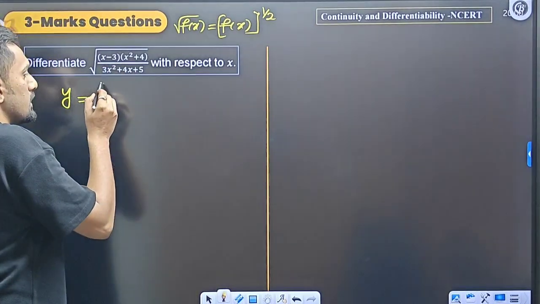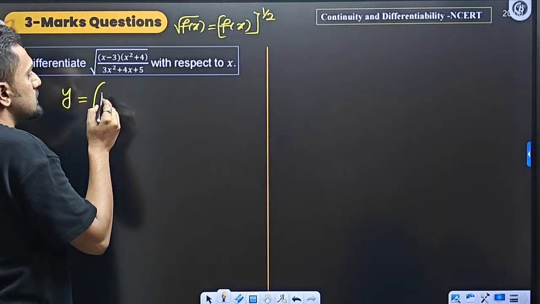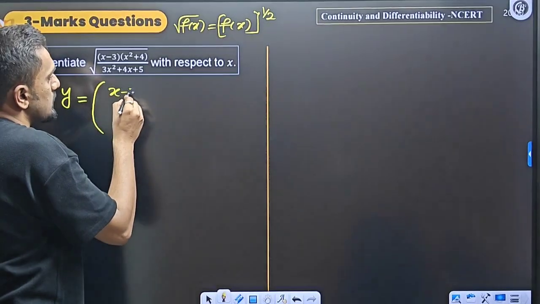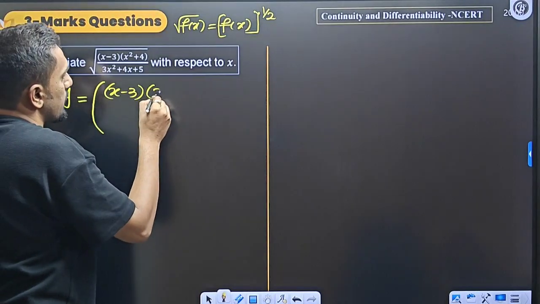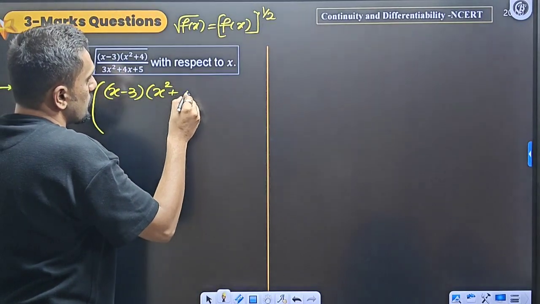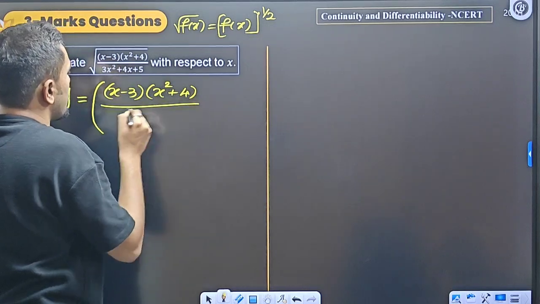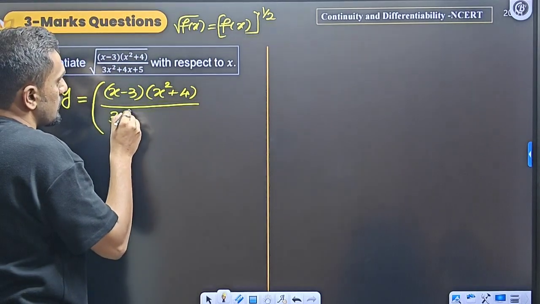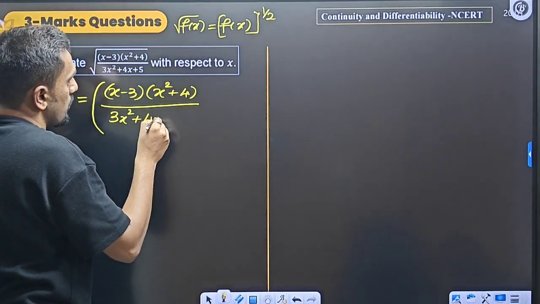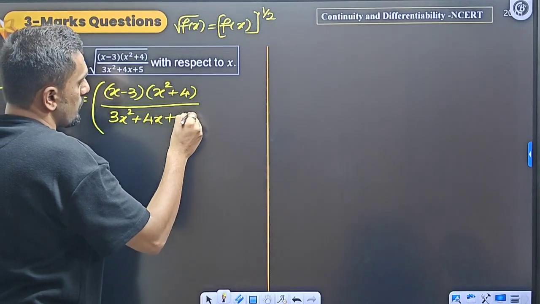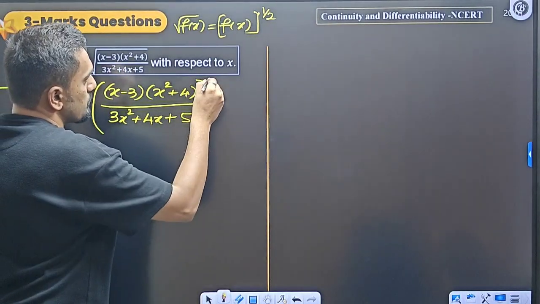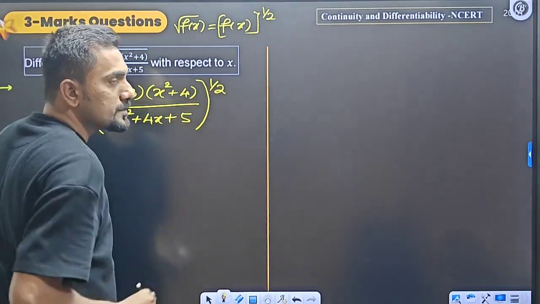Yes. Then I write this as x minus 3 multiplied with x square plus 4 divided by 3x square plus 4x plus 5, raised to the power 1 by 2.